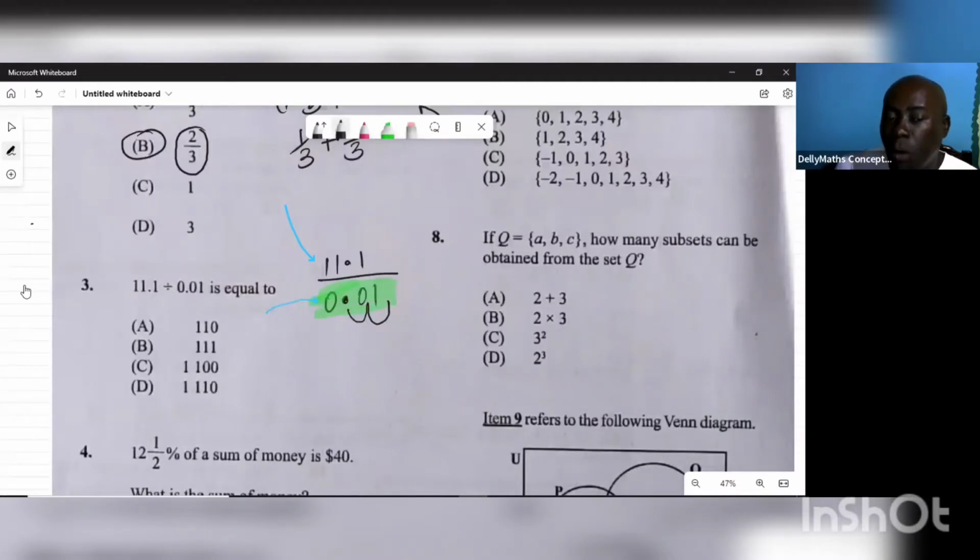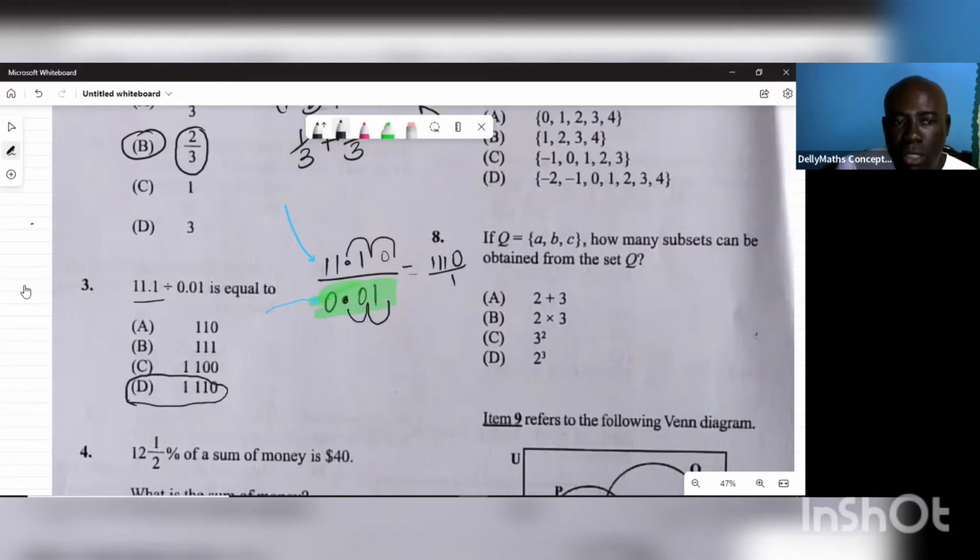So for it to become 1, it's going to move 2 places to the right. So I'm going to have to do the same thing to the top number by moving the decimal point 2 places to the right for balancing. So when we're done, we would have 1, 1, 1 with a 0, because there's a 0 that's going to go there, over 1. So the answer is D.